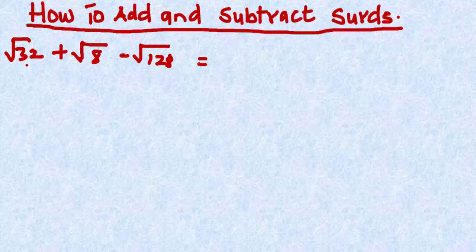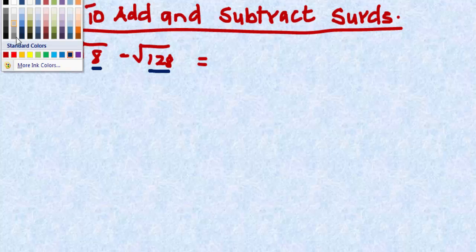If you look at the numbers inside the root, that is 32, 8 and 128, you realize that the numbers are not equal, and they are not in their basic form, so we need to reduce them to their basic form, and then you get like surds.